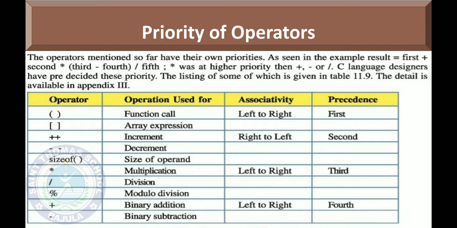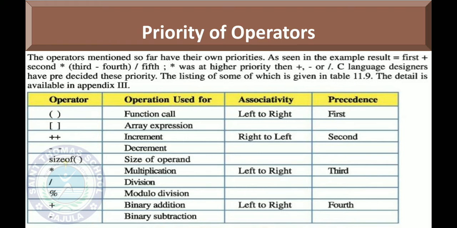The array expression also has the first precedence and will also be evaluated from left to right. Next are the plus plus and minus minus, the increment and decrement operators. They have the second precedence in the operator priority list, and they are associated from right to left.